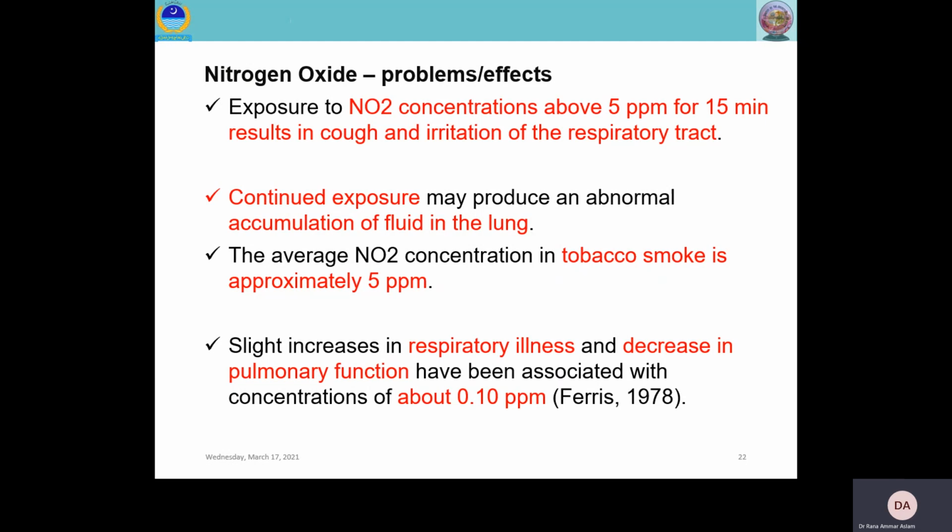So, like other major pollutants such as particulate matter and sulfur dioxide, nitrogen dioxide also poses some great health concerns, right? Breathing air with a high concentration of nitrogen dioxide can irritate airways in the human respiratory system.